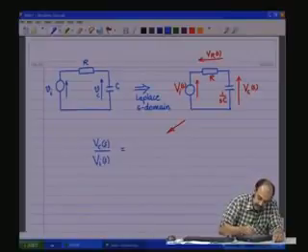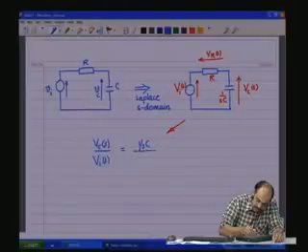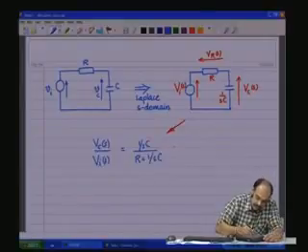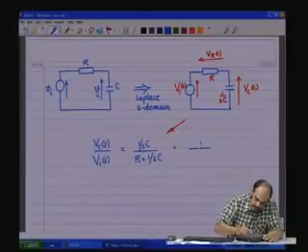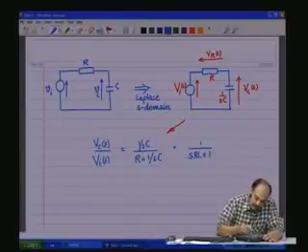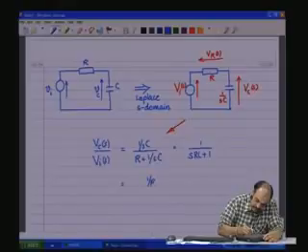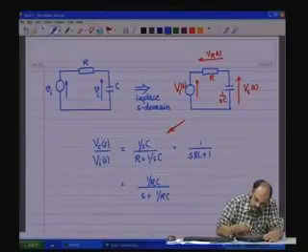In this case it is the capacitive reactance 1 by sC divided by R plus 1 by sC, and this can be written as 1 divided by sRC plus 1, or still further simplifying it, you have 1 by RC divided by S plus 1 by RC.